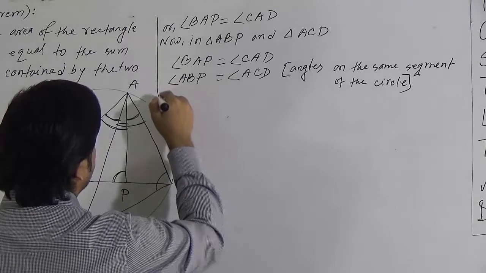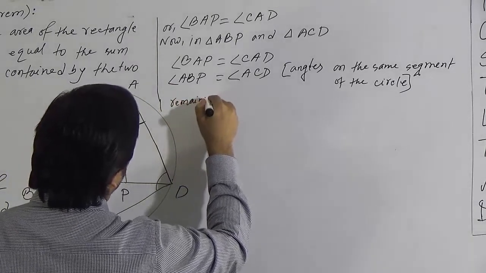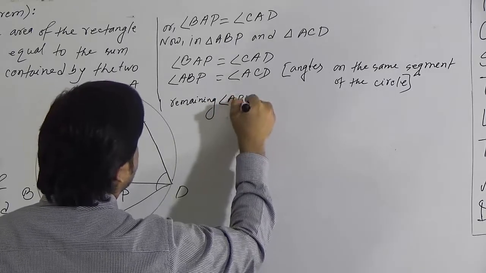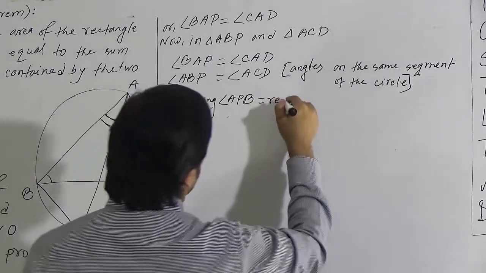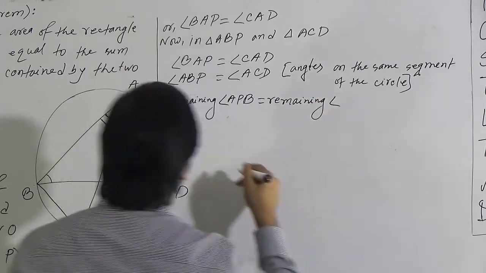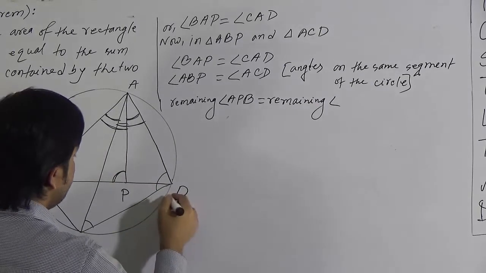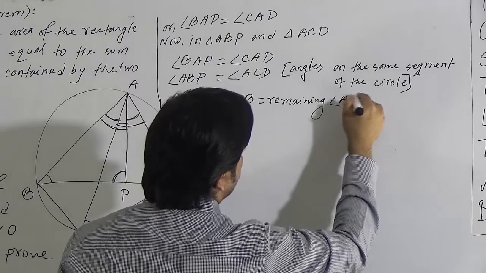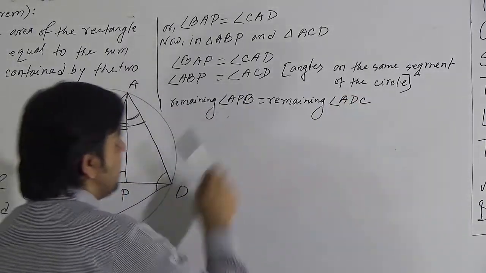So we can write here remaining angle APB is equal to remaining angle ADC. Dear students, why are these two remaining angles equal?